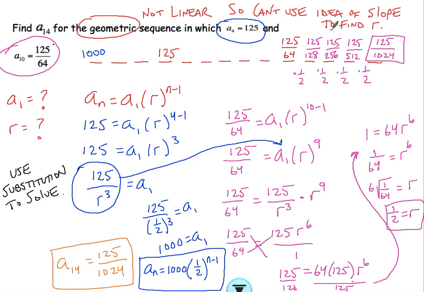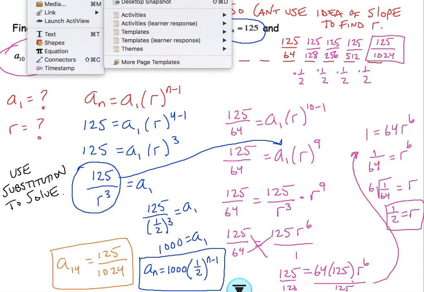The only other thing I want to mention is the fact that geometric is not linear. Okay, so just to recap, arithmetic followed a linear model.